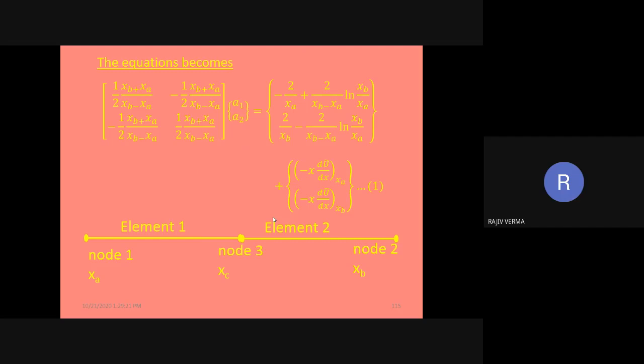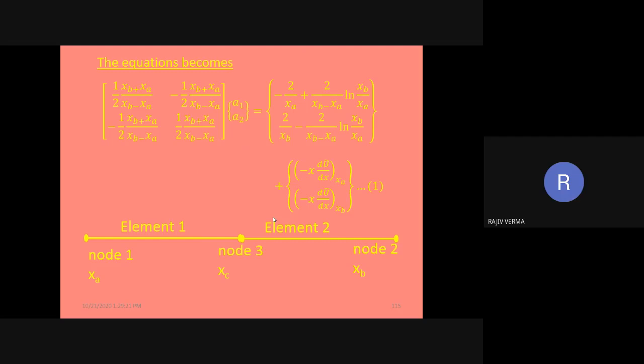Of course, within any of the elements in this particular case, the solution is continuous because it is a linear expression which we have already chosen.